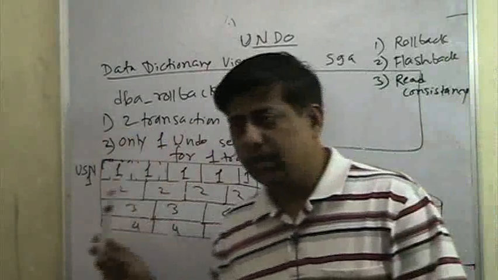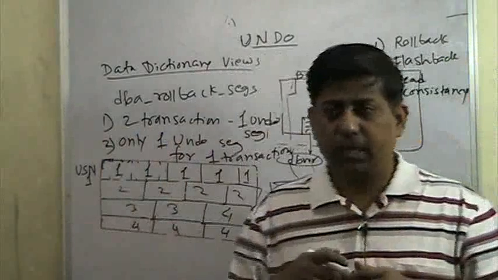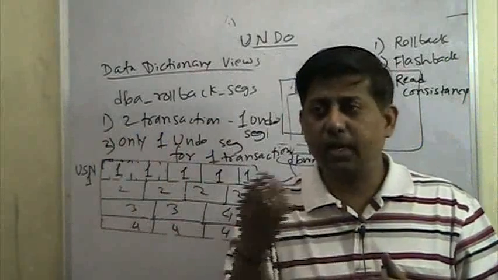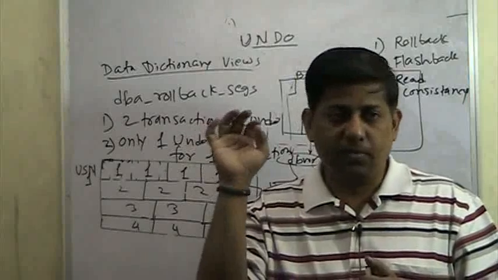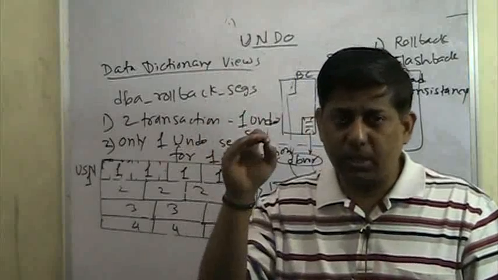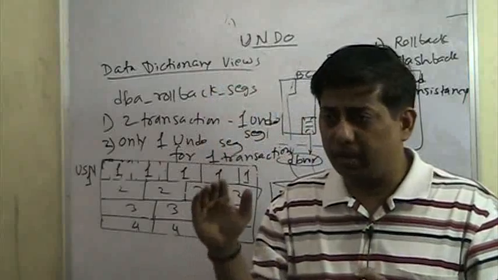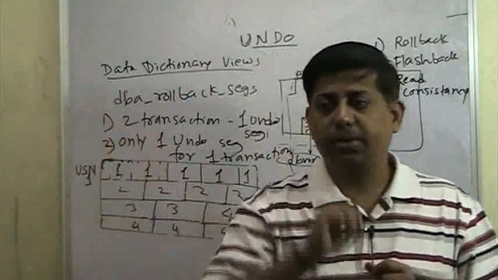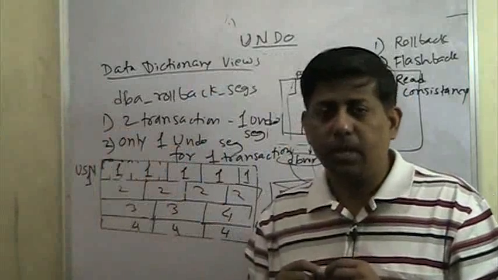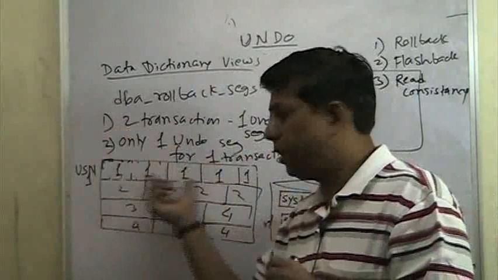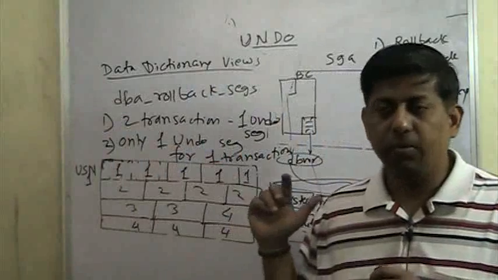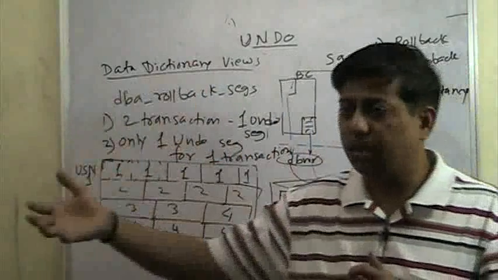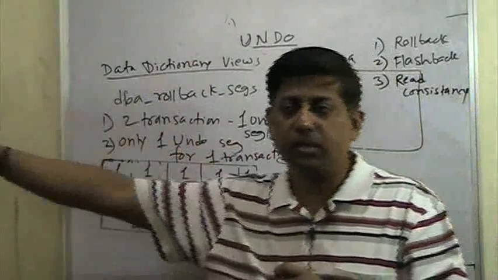Let us say I'm logged into the database and I am going to fire either insert or update or delete. Therefore I am going to start my transaction, and I need an undo segment for keeping my undo data. So Oracle will assign arbitrarily, using its internal algorithm, an undo segment for my transaction, which means I can keep my undo data in that segment.